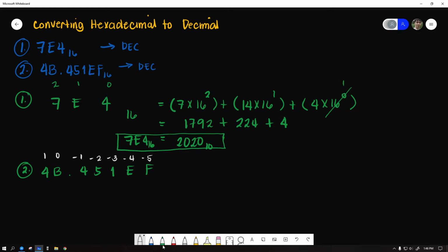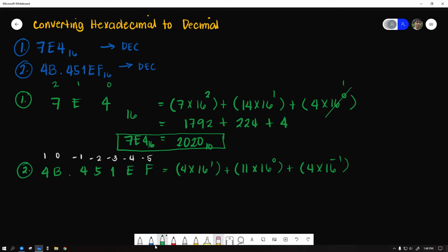Okay. So you can rewrite this one as 4 times 16 to the 1, plus b. What is b in decimal? That is 11 times 16 to the 0, and then plus 4 times 16 to the negative 1.